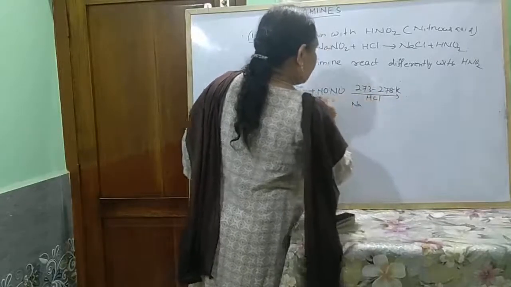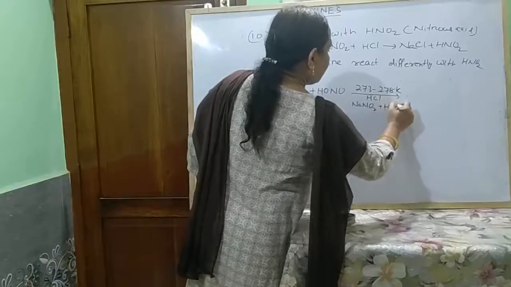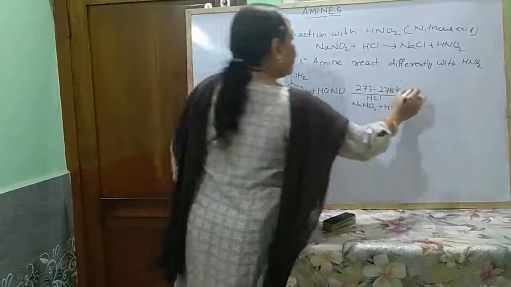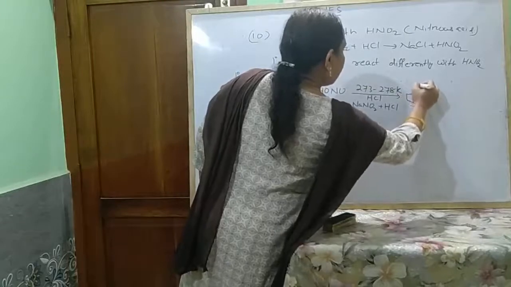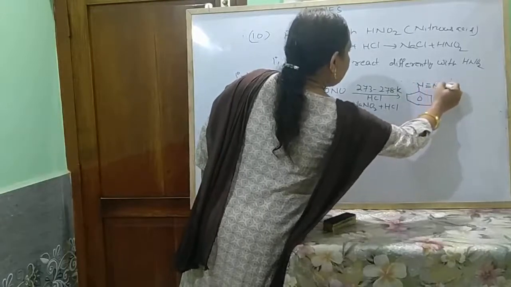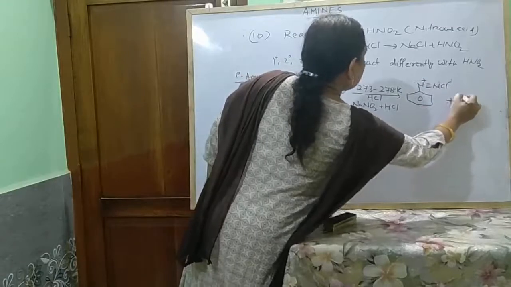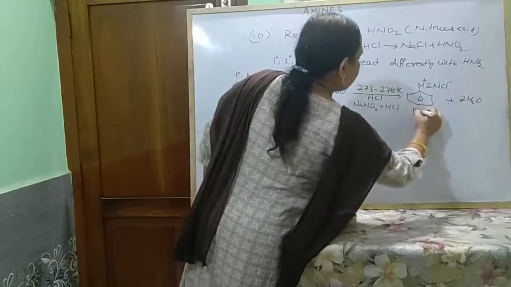Generally HNO2 is prepared by NaNO2 plus HCl. It is made acidic by adding HCl. So it gives N2+Cl- plus 2H2O.